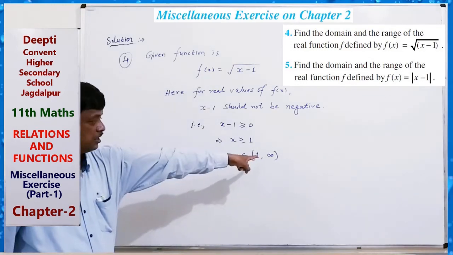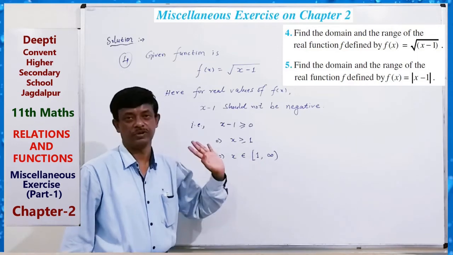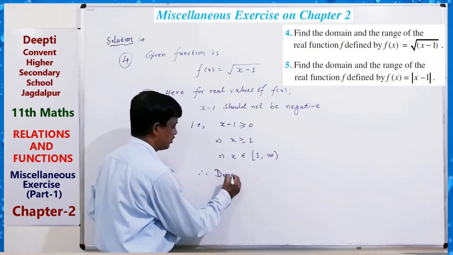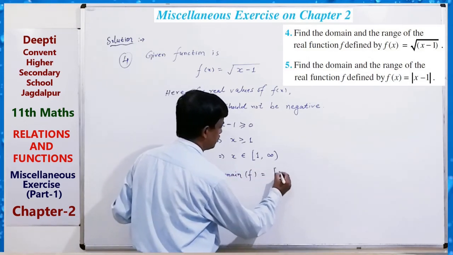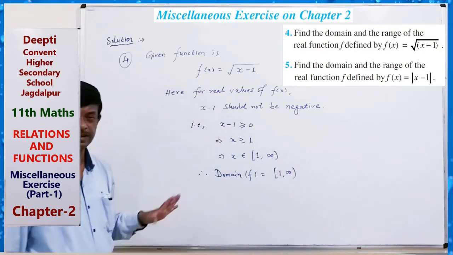So this is the domain. Therefore the domain of f is [1, infinity). Clear? This is the domain.